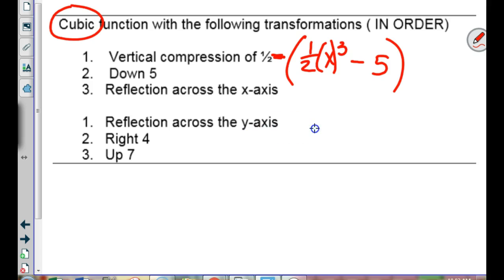All right, how would I take a cubic and reflect it across the y-axis? Anybody remember what reflect across the y does or is? It is inside. So we'd have -x cubed. How do I move that to the right 4? Inside of -4.